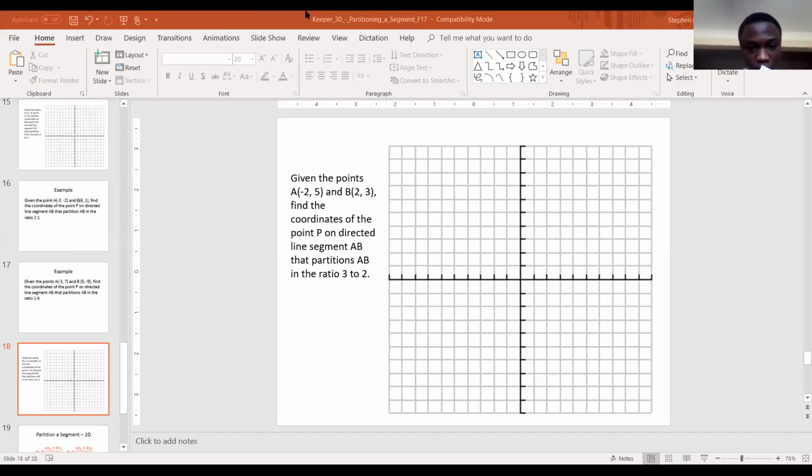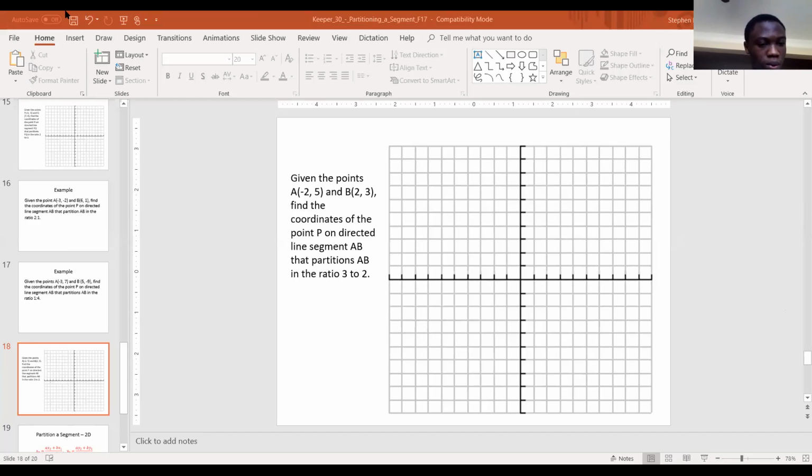I can't actually. What's the worksheet called? What does it say at the very top? Distance and midpoint. Yeah, that's the one. Distance and midpoint worksheet. Yes. Okay.